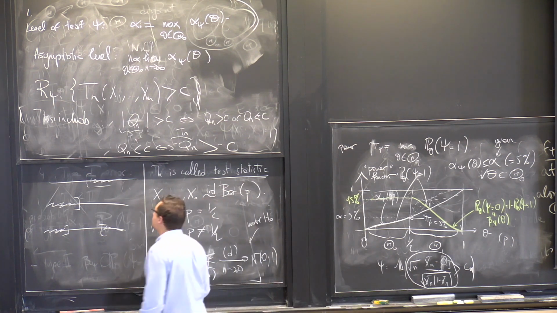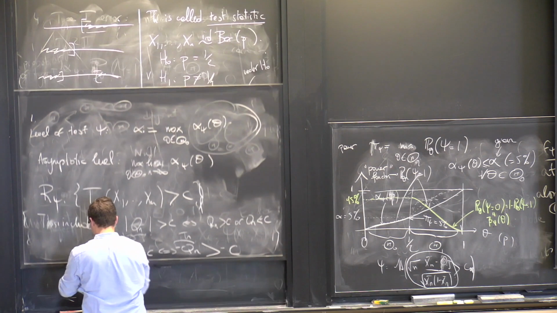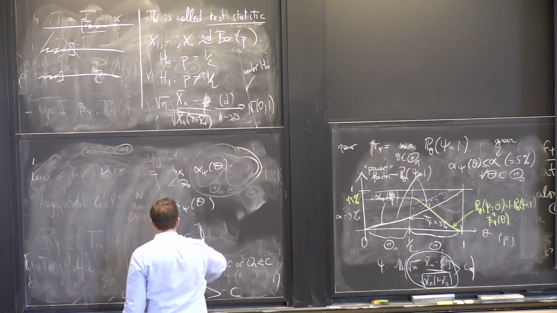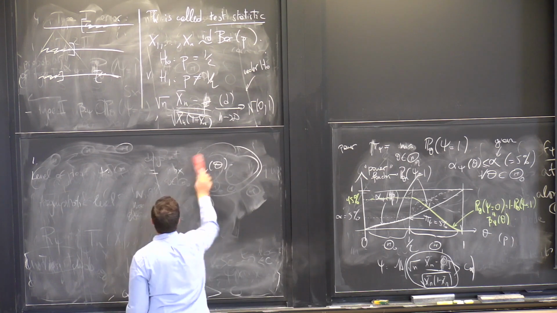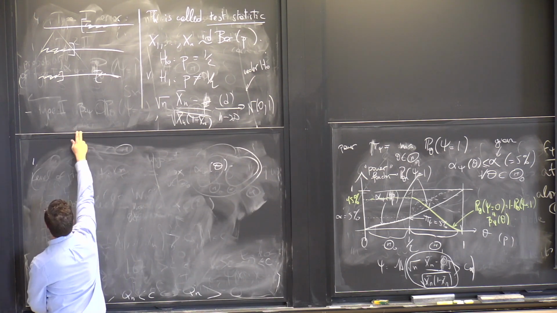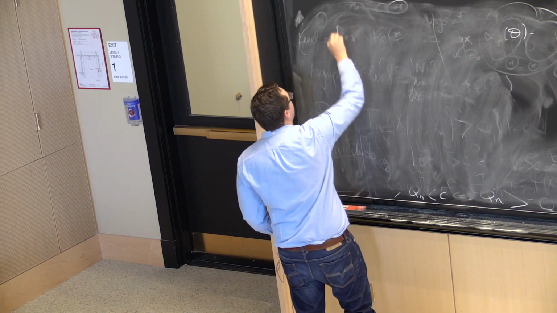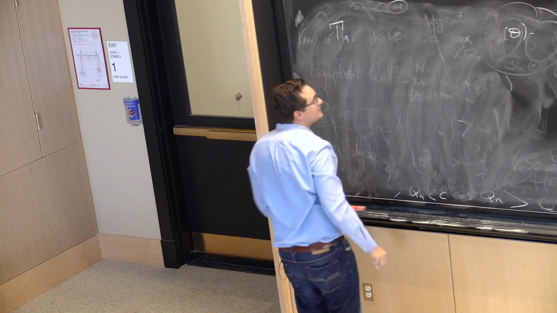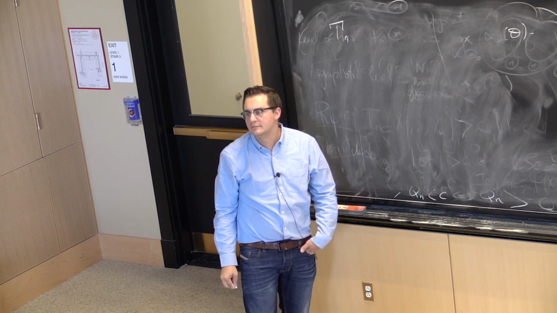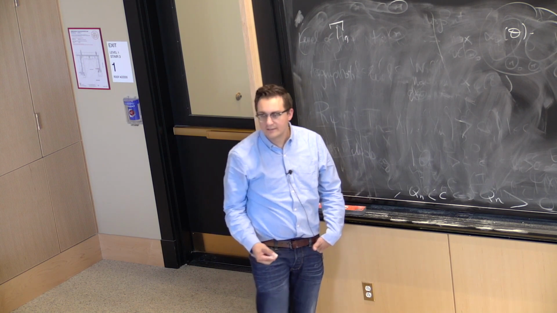OK, so now I want to do this test. My test will be declared to be what? Well, I'm going to reject if what is larger than some number. The absolute value of this guy.